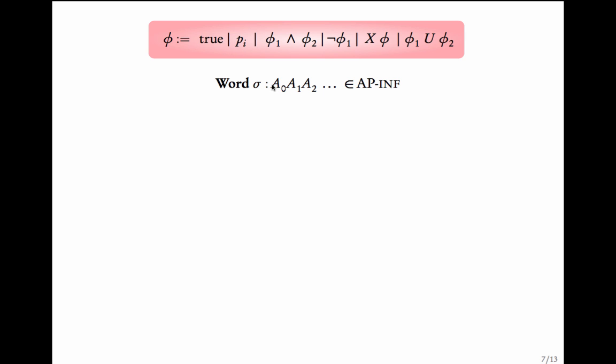Now, let us try to reason about smaller LTL formulas first and then talk about more complicated ones. We know that every LTL formula can be broken down using these rules. Let's start with true. When does a word satisfy true? Every word satisfies true. There is no constraint. In particular, every sigma satisfies the LTL formula true.